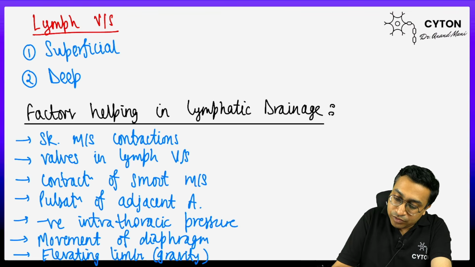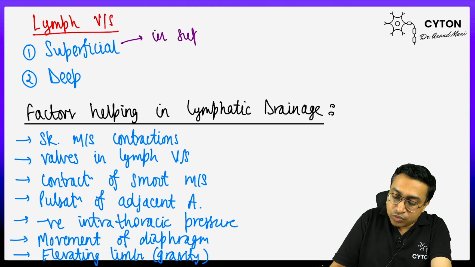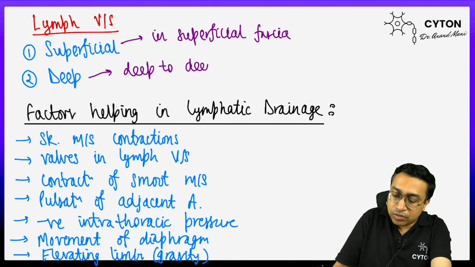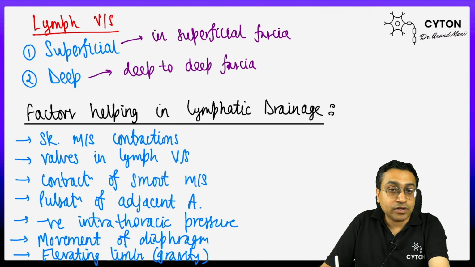Superficial lymph nodes are in the superficial fascia, and deep lymph nodes are deep to the deep fascia. So number one, this is the difference.